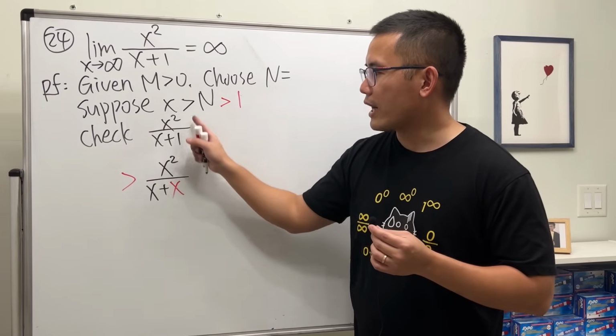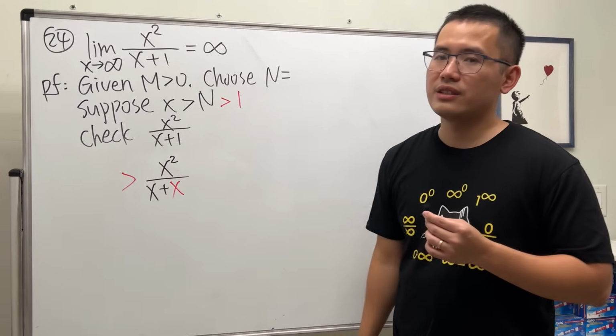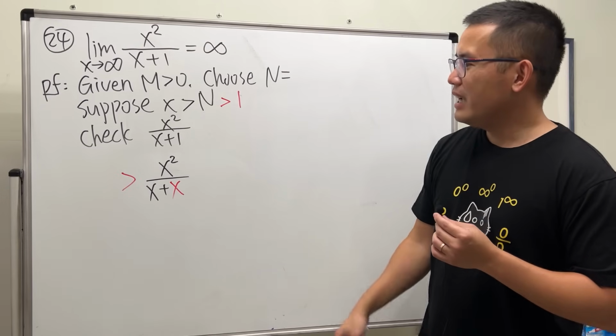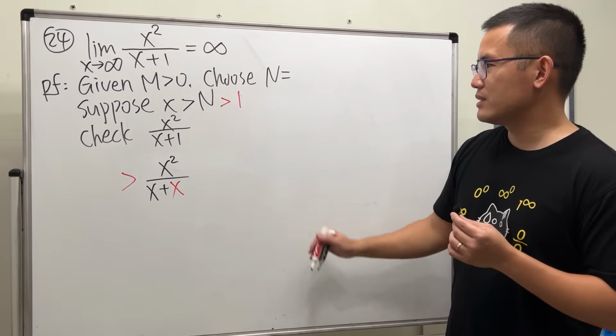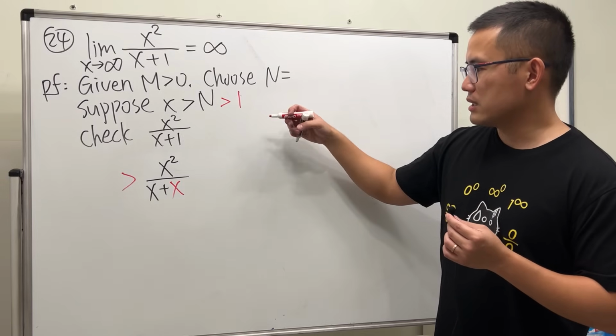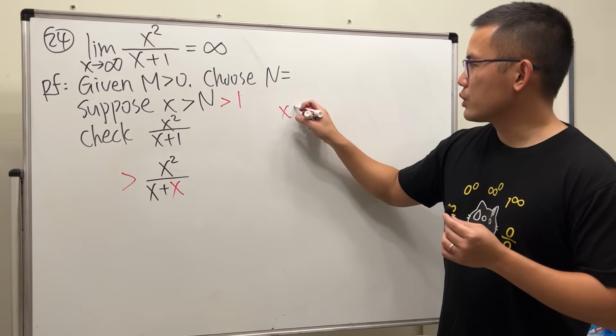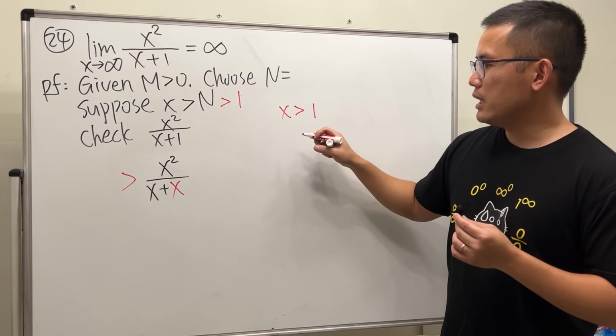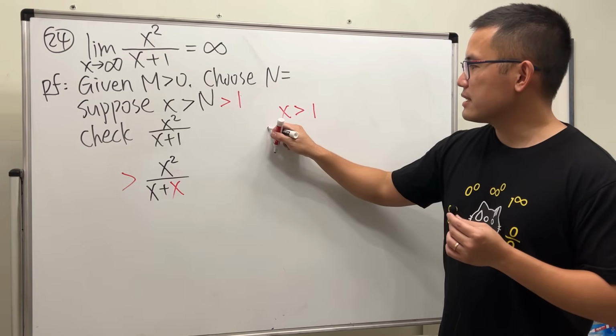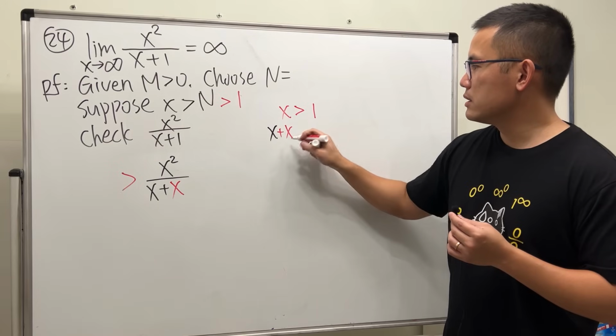Thus, this whole fraction is bigger than this whole fraction. Alright? And if you want to work it out, of course, that's totally okay. So I'll just put this down on the side for you guys. We know x is greater than 1, so I can just add x on both sides. How's this?